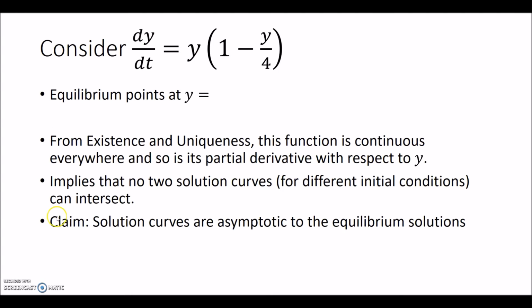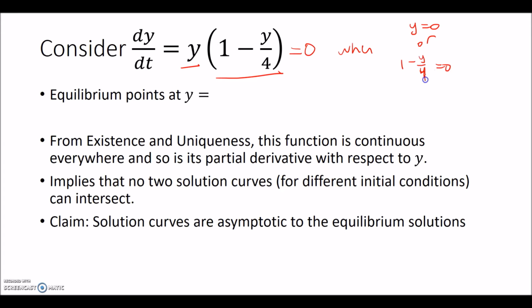When we move on to look at a possible case of this, the first thing we want to do is take a look at equilibrium values. This one in particular will equal 0 when either this term is 0 or this term is 0. So when y is 0 or when 1 minus y over 4 is 0.